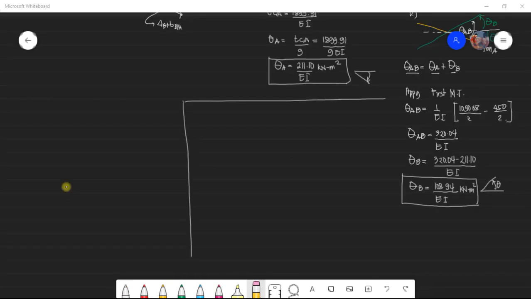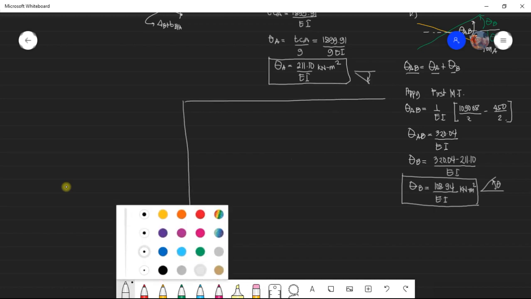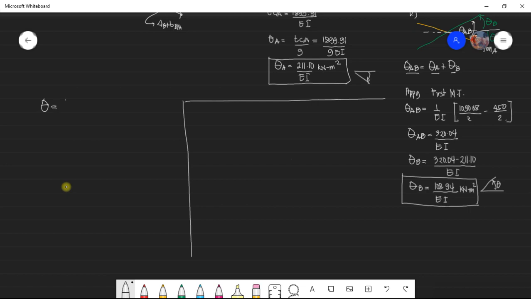Now let's convert to degrees. But before that, the unit of theta A is kilonewton mm squared. Let's say theta A is 211.1. Let's convert kilonewton mm squared to newton millimeter squared, so I multiply by 1,000 raised to 3.